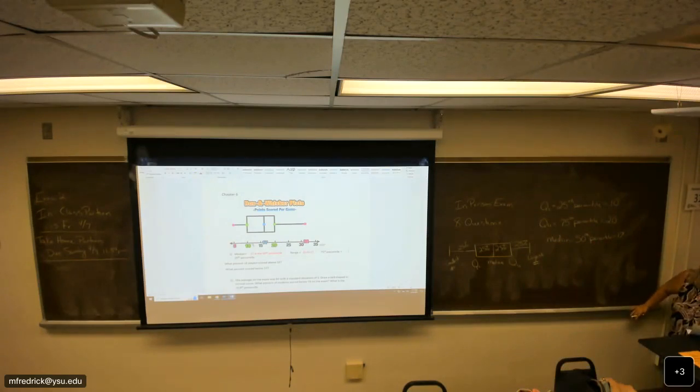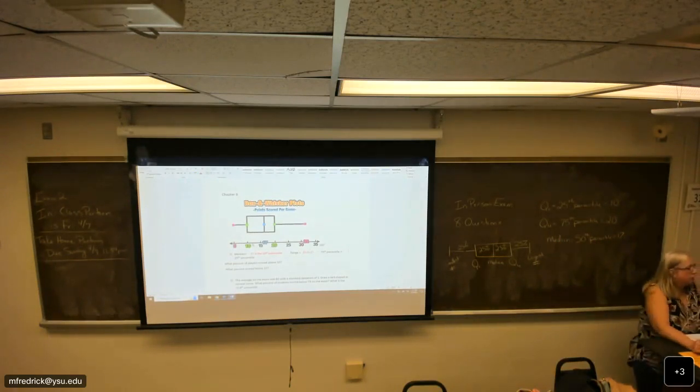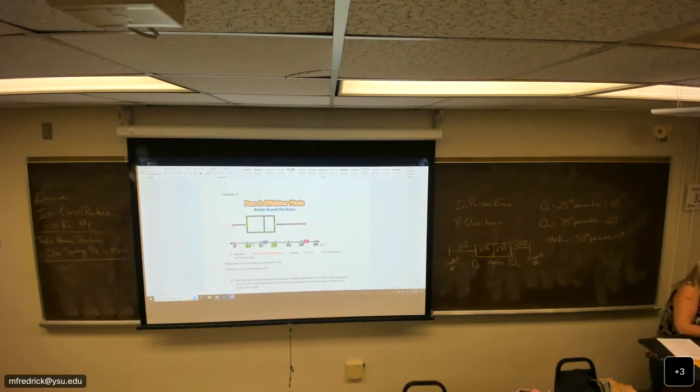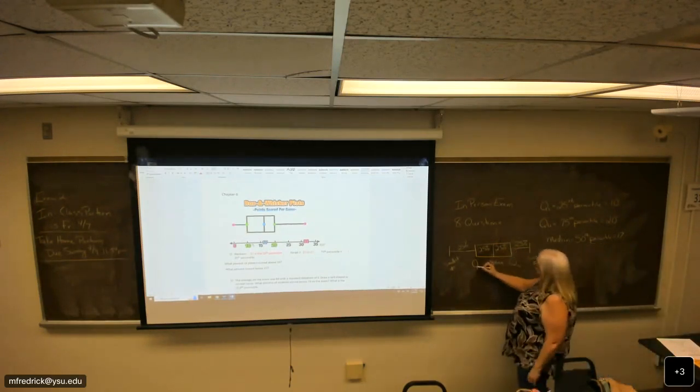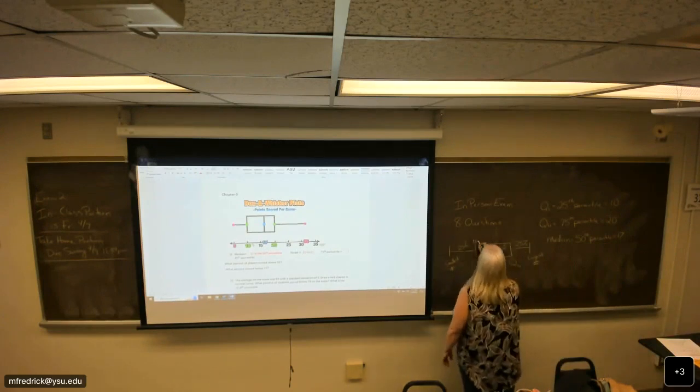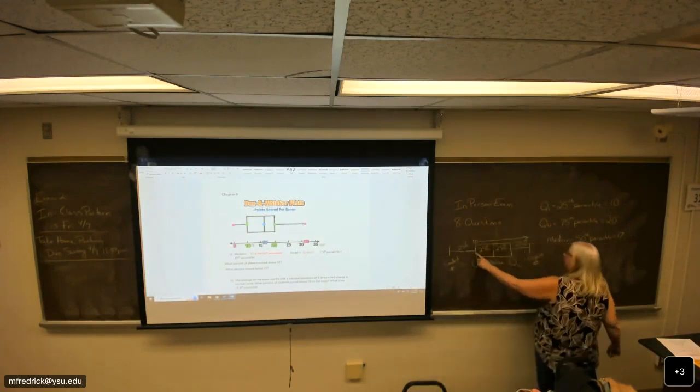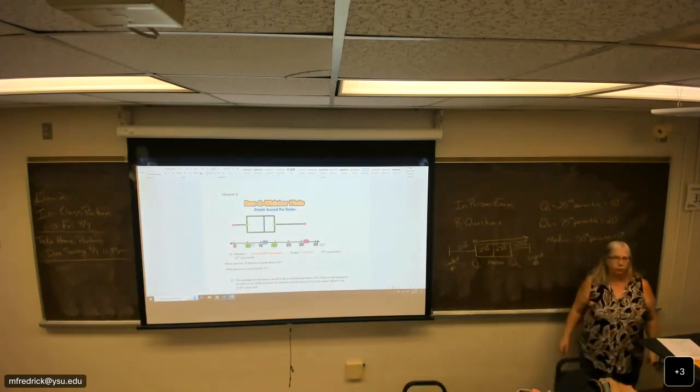Any questions on that? Okay. This is points scored per game, but it says what percent of players scored above 10? Because this is where the 10 is. 10 is right here. 25, 25, and 25. 75% scored above.